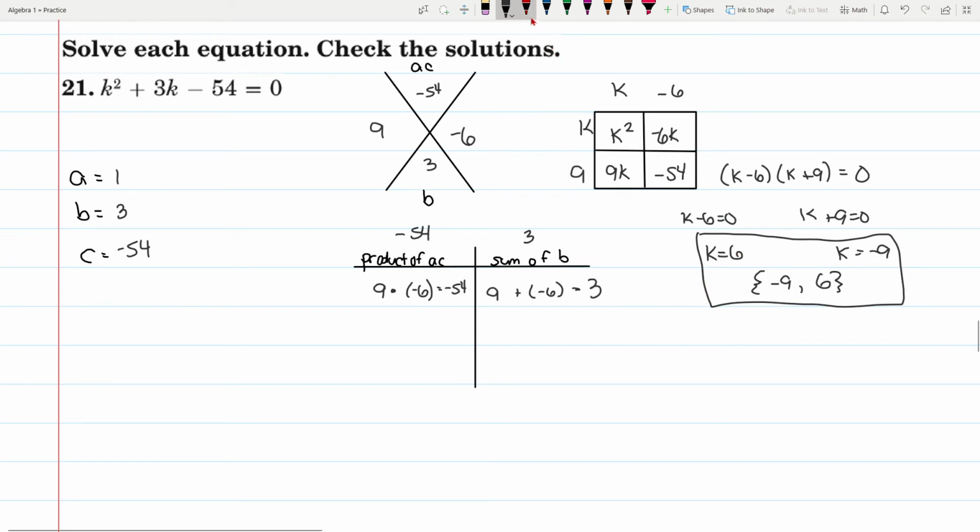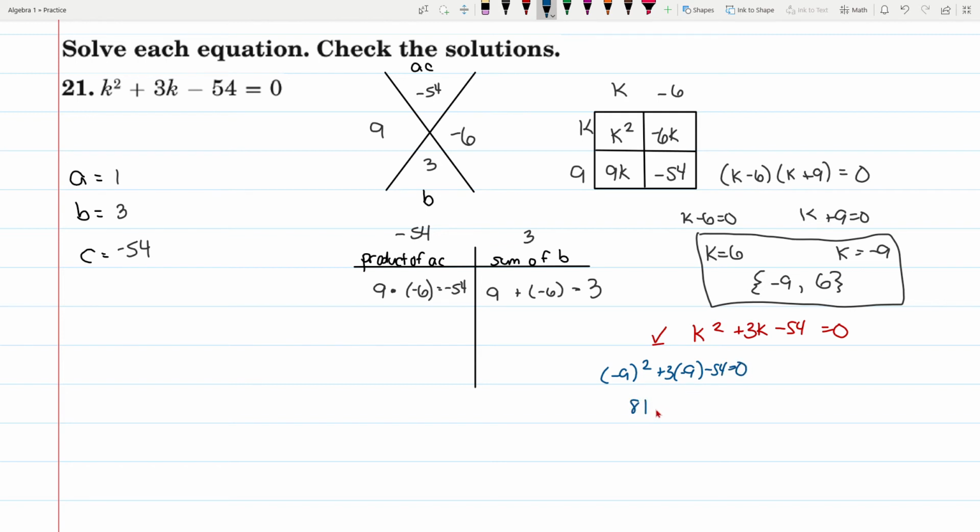And to check it again, go back to the original. And so k squared plus 3k minus 54 equals 0. So on the one hand, you have negative 9 squared plus 3 times negative 9 minus 54 equaling 0.